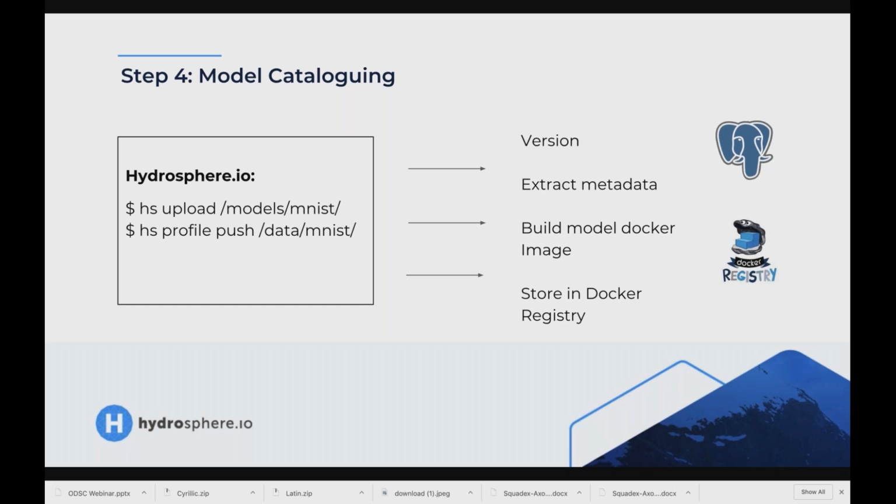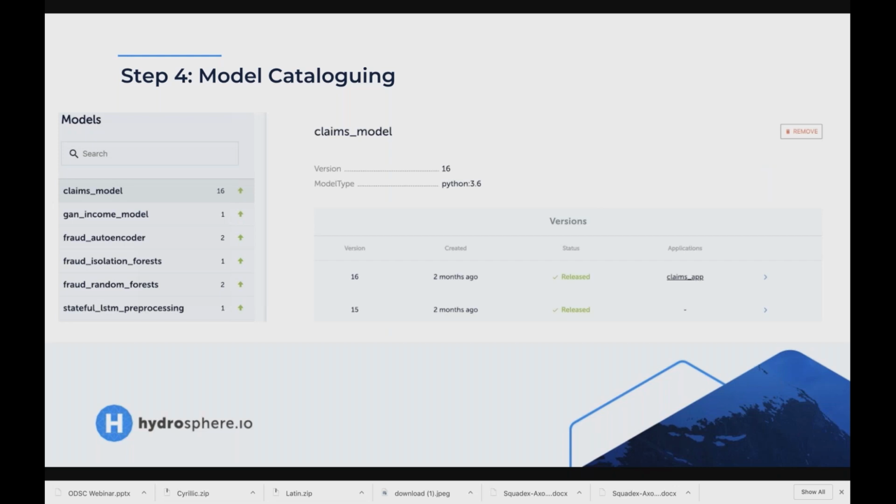And on top of this, there is a nice UI. You can basically discover different models, different versions, and their metadata. Basically, discover your assets to be used in production or in other environments.